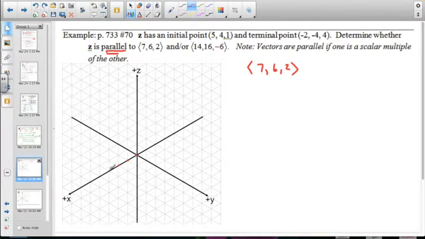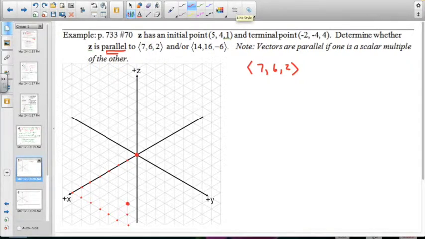So 2, 3, 4, 5, 6, 7, 6 in the y direction. So 1, 2, 3, 4, 5, 6, and 2 in the z, 1, 2. So here's the terminal point. Here's the initial point.